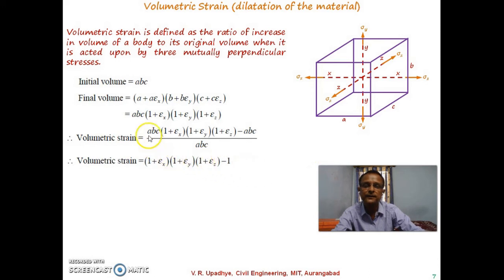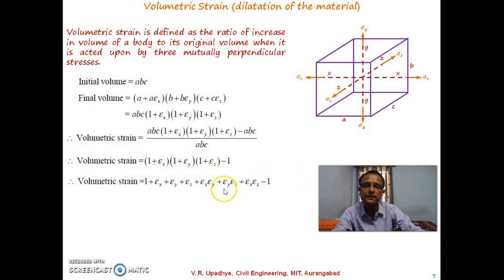So further, if we cancel this A into B into C, over here that will become 1. So this is minus 1, and these three parts as they are. So this gives us volumetric strain.